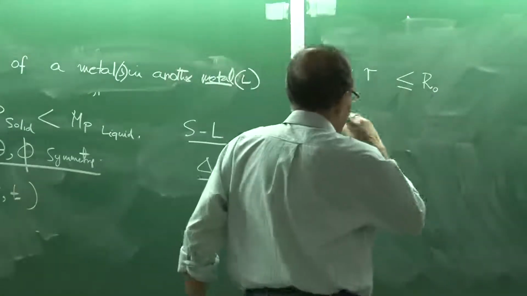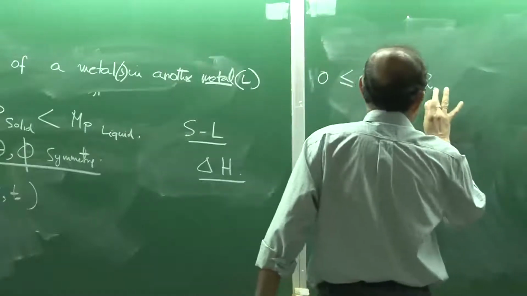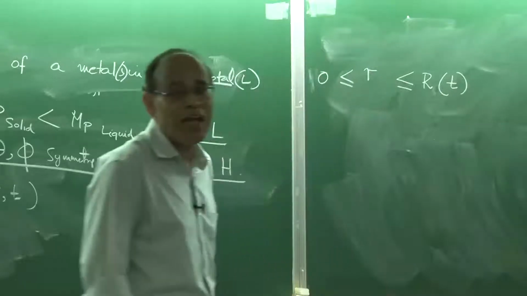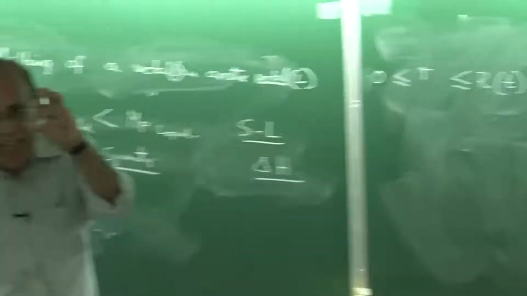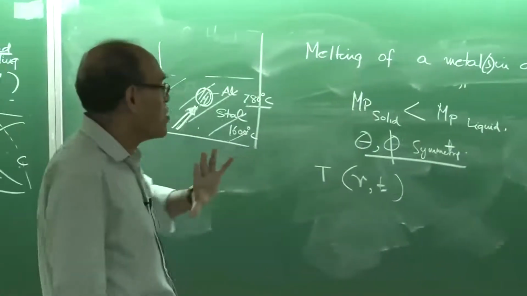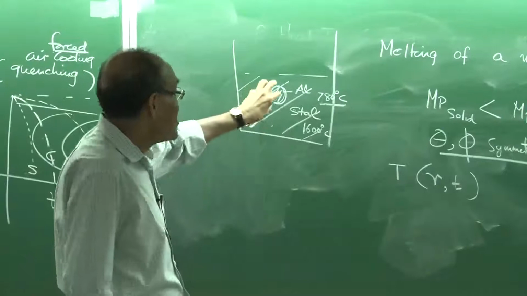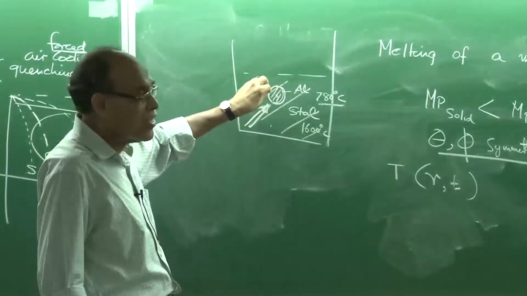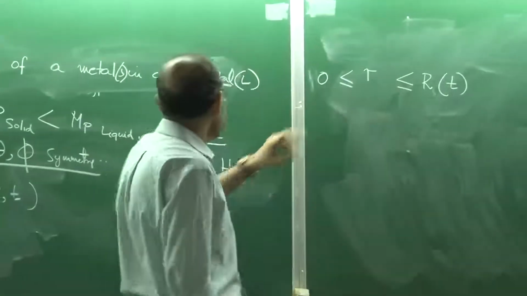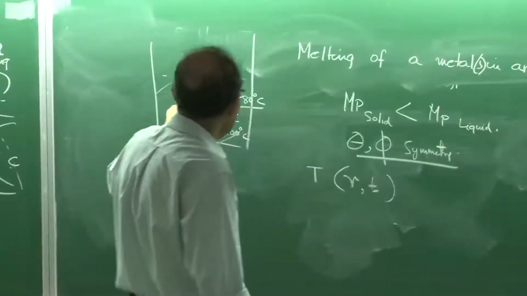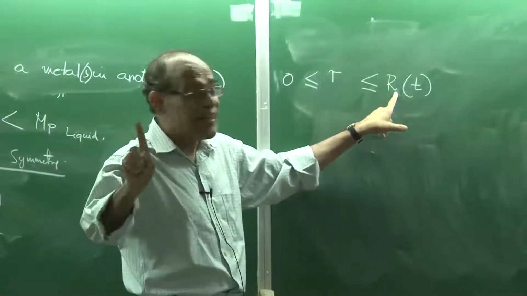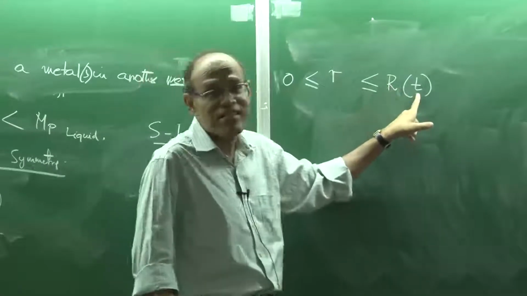Now, the radius of the solid, as we all know, is a function of time. So, therefore, the radius of the sphere is changing as a function of time. This brings in a different problem than the last two problems that I have discussed, because there is a change in the domain of conduction heat flow. So, that is what I said, that for r greater than 0 means from the center to the surface, and this R represents not the initial radius, but the instantaneous radius of the sphere.